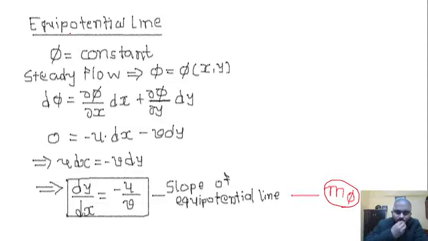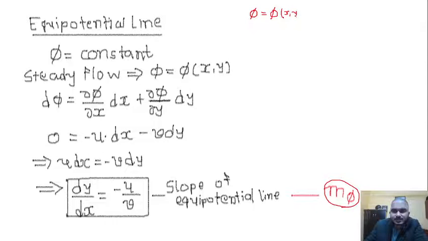So an equipotential line is defined as the line on which the velocity potential function is constant, that is, phi is constant. So for steady flow we can say that phi is a function of x and y only. See, previously what we were discussing is that the velocity potential function phi is a function of space and time coordinates.